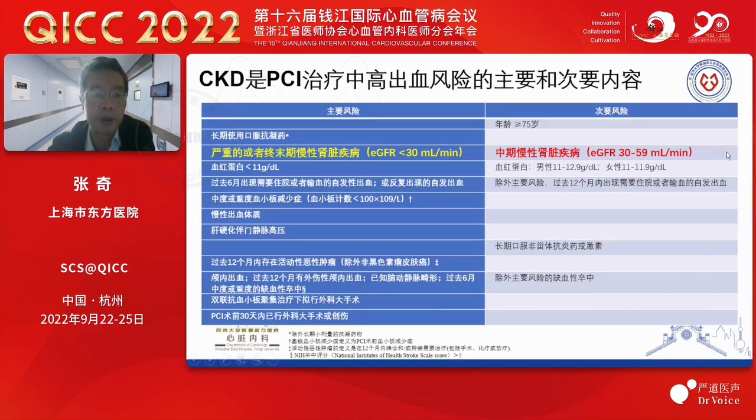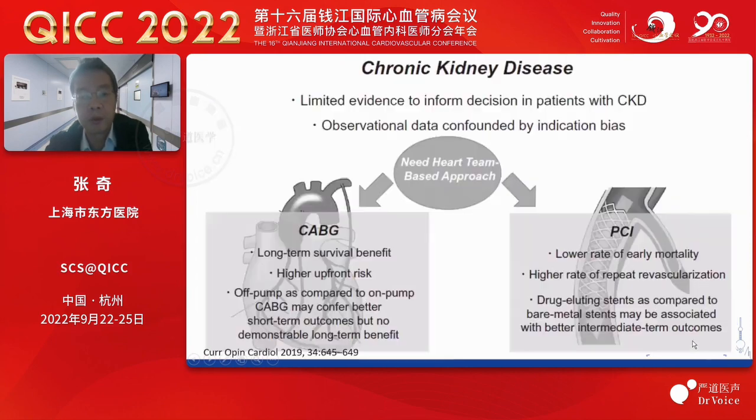CKD is also an independent predictor for bleeding, and this is commonly looked at. So for the CKD patients, usually they have a high risk, and for those patients, the treatment we need is actually a balance of the decision.